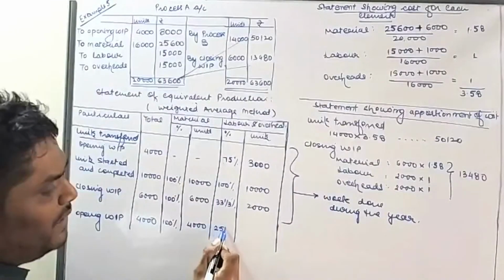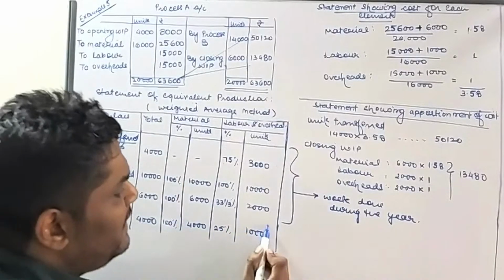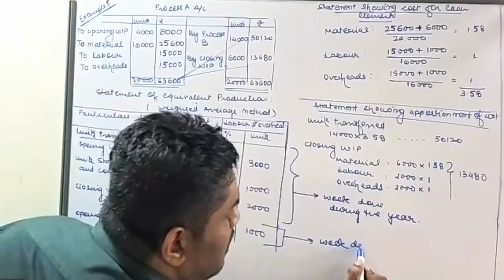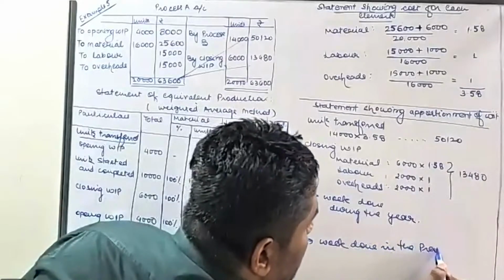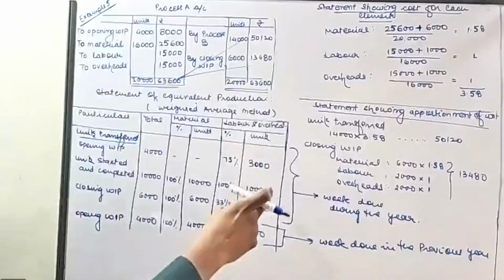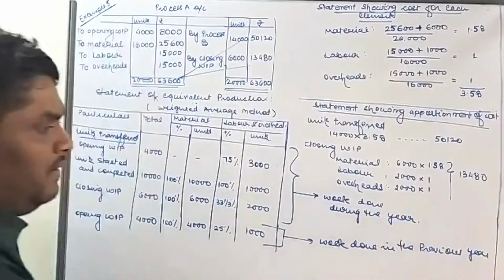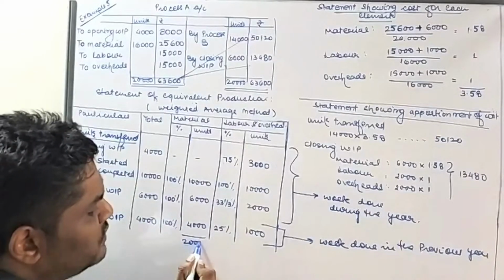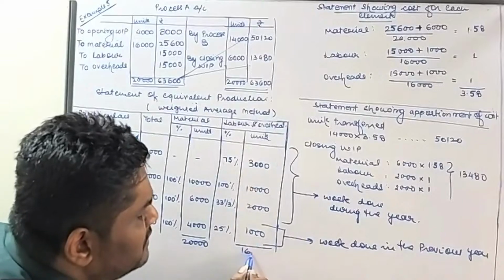And in respect of labor, it is 1,000. So this represents the work done in the previous year. This is the work done in the current year. So when talking about the total work done, it is 20,000 units, 13, 14, 15 and 16,000.